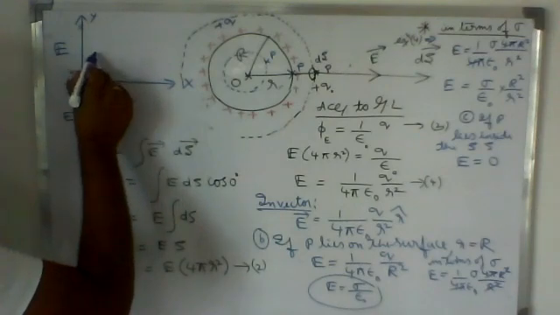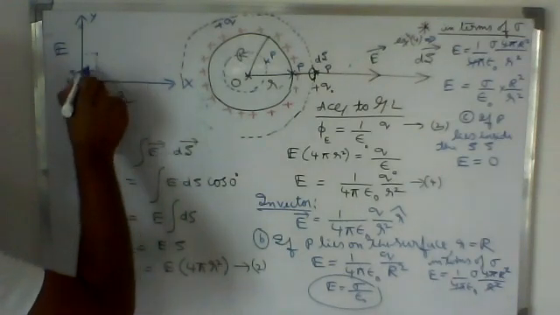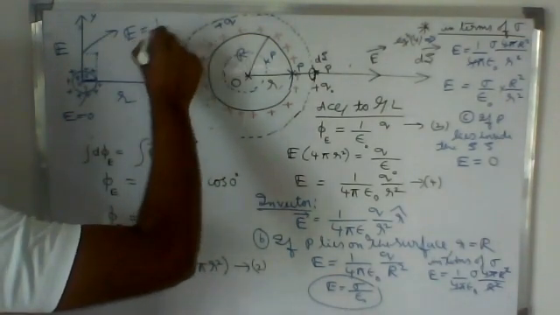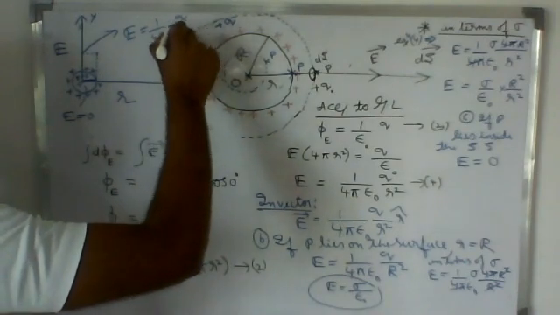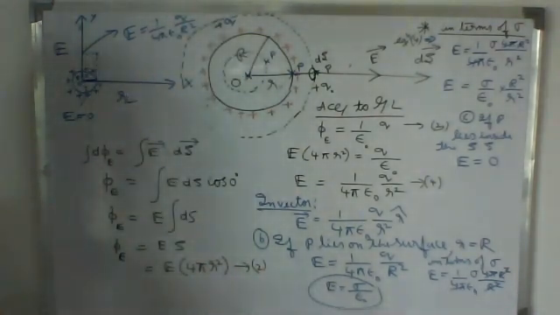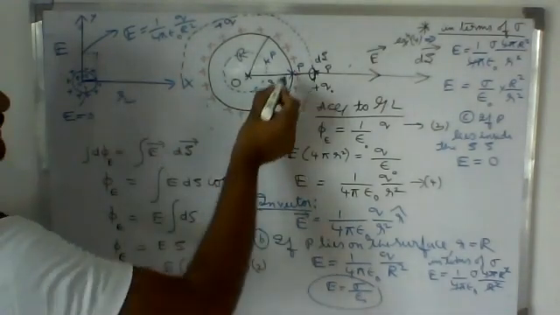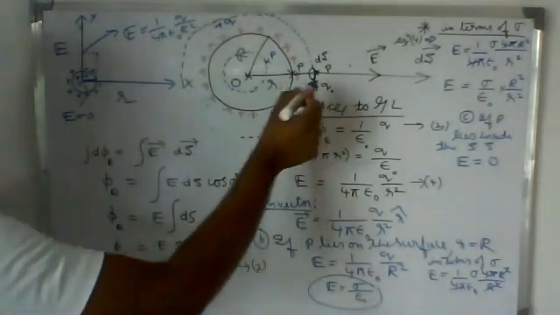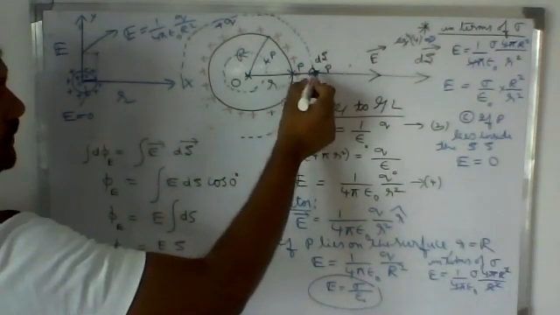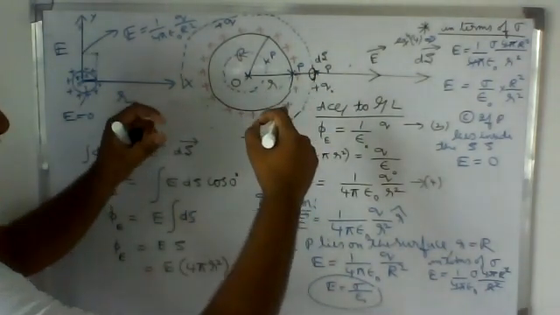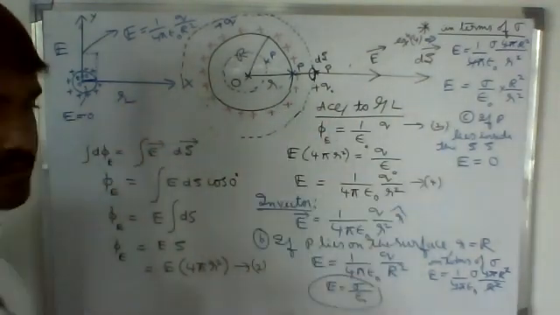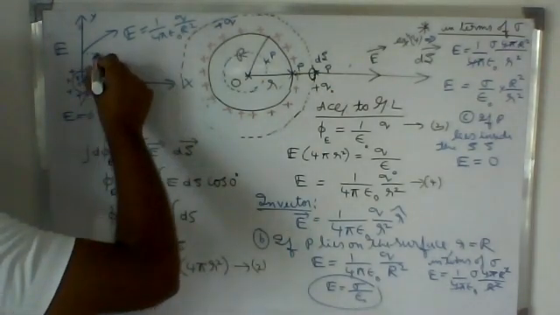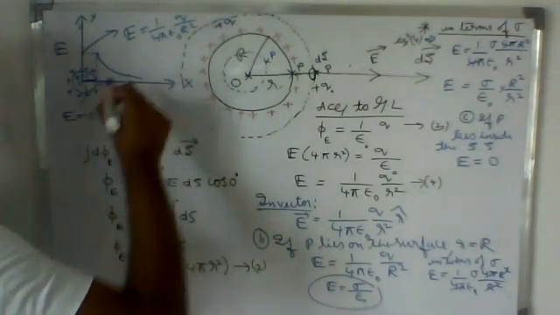On the surface, the electric field is maximum. At this point on the surface, the electric field strength is maximum, that is, E is equal to 1 divided by 4 pi epsilon naught Q divided by capital R square. As the distance from the spherical shell gradually increases, that is, small r gradually increases, the electric field strength gradually decreases.